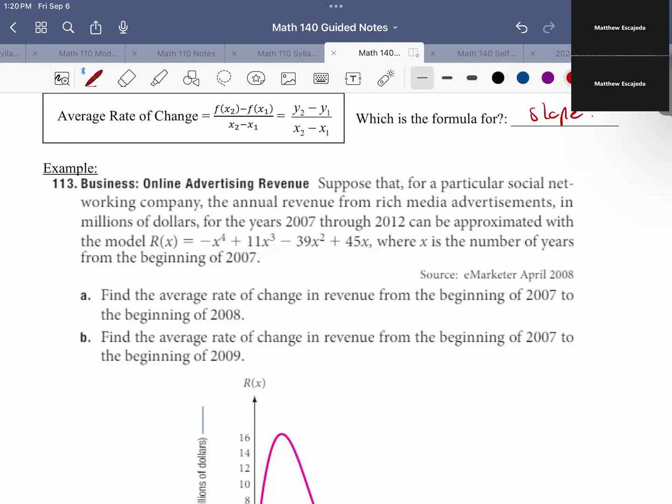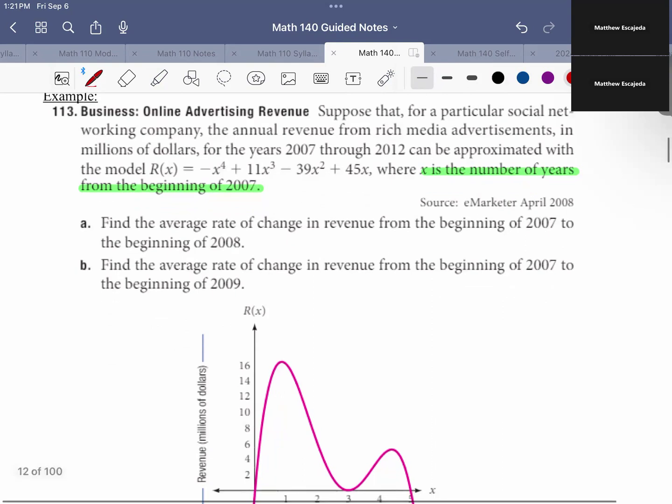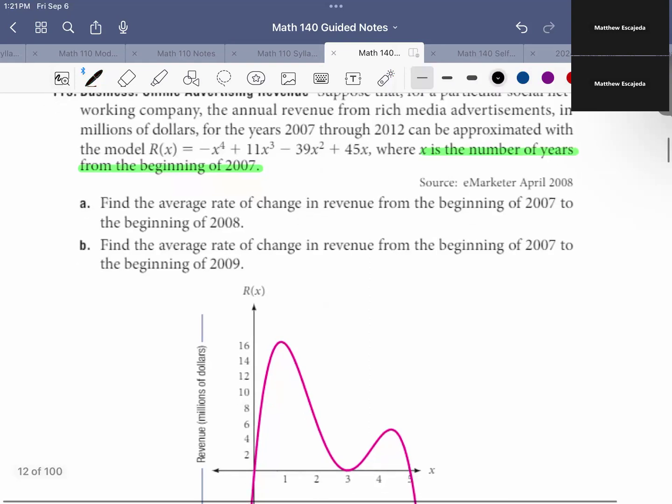This is important: x is the number of years from the beginning of 2007. Questions like this are always a little hard to think about because when you think of beginning, you think of some type of zero. So I always like to create a table to relate the year to our x values.